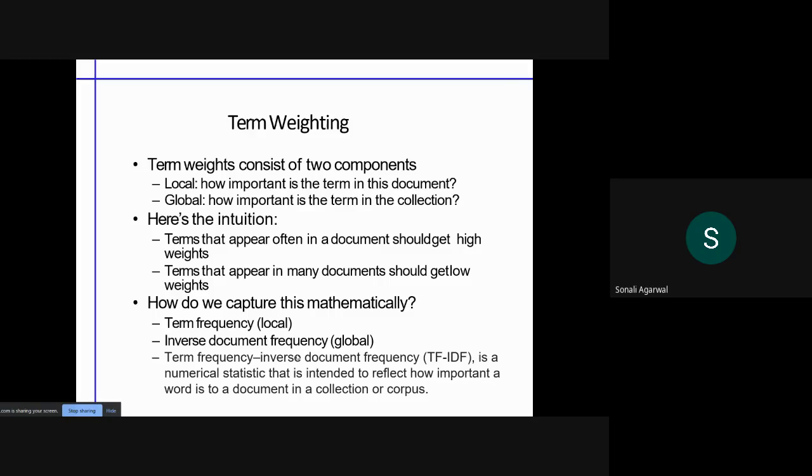For that overall process, we follow a mathematical set of calculations or metrics based on statistics, called term frequency and inverse document frequency, TF-IDF. It helps us understand how important a word is in a document within a particular collection or corpus. Term frequency is a local term, and inverse document frequency is a global term.